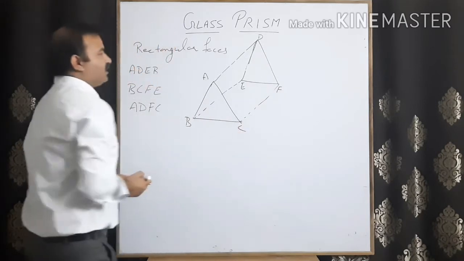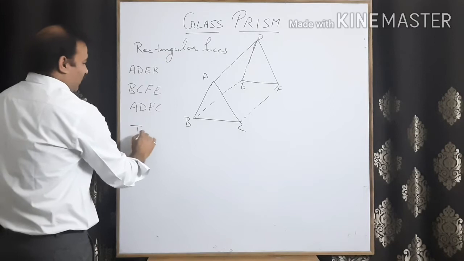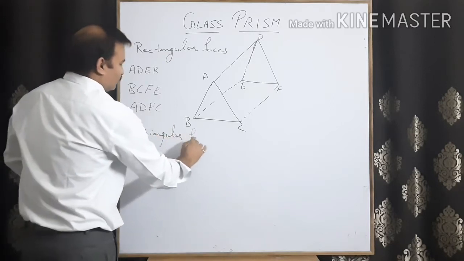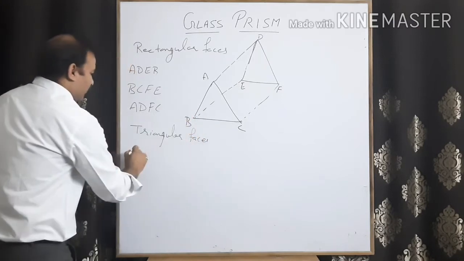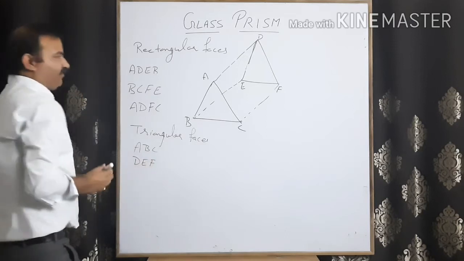These are rectangular faces, whereas the triangular faces are ABC and DEF.